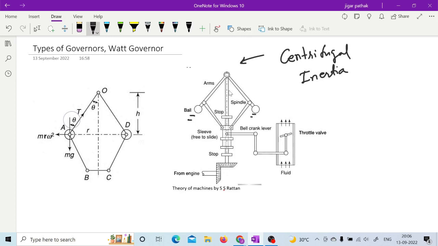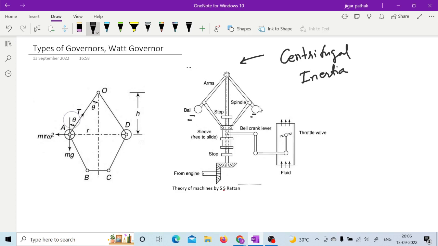These fly balls are attached to the engine shaft through this bevel gear. So when engine speed changes, this particular fly ball is also going to experience the change in speed. Once the fly balls experience the change in speed, there will be a difference in the centrifugal force acting on it, right, m r omega square.